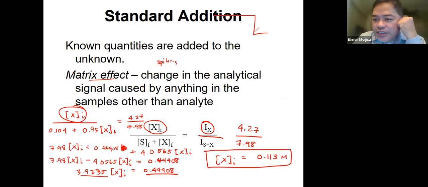Is this the first time you encounter a problem like this? First time ba to? So kaya ba to? Sir, ngayon lang po ako.